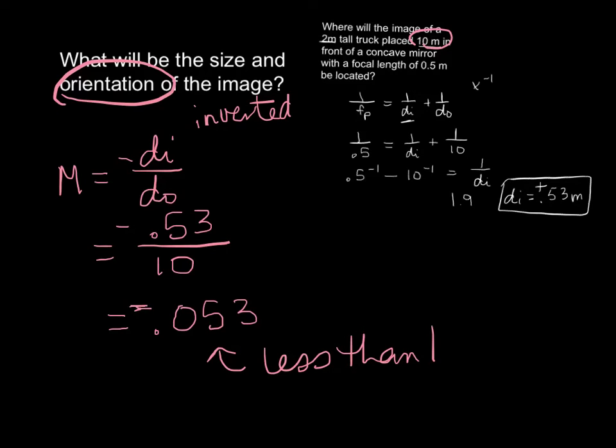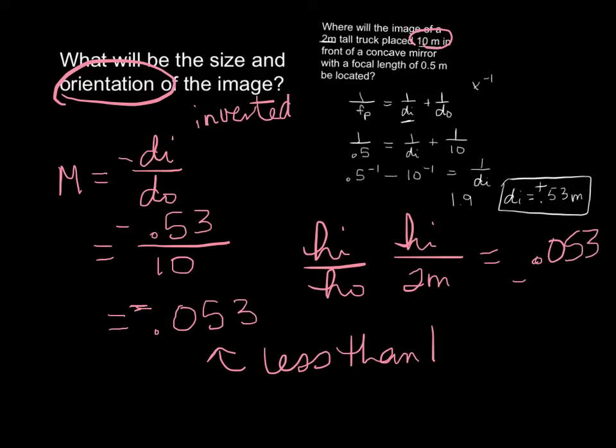So when we do HI over HO, our height of our image we don't know, and our height of our object is 2 meters, and that's going to equal a negative 0.053. When we solve for HI, we get a negative 0.106 meters. The negative tells us it's inverted.